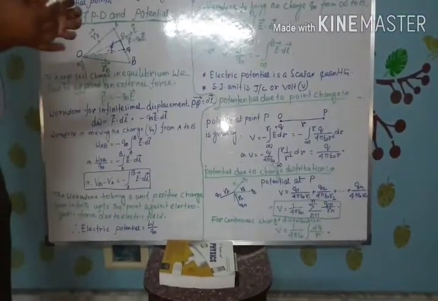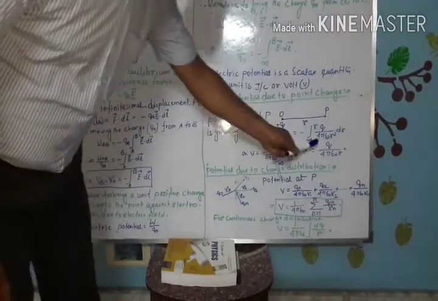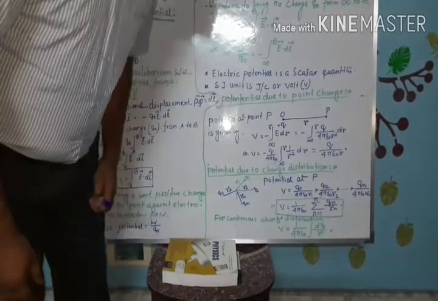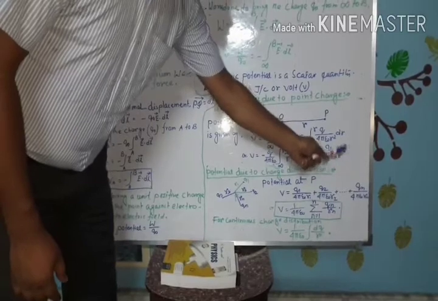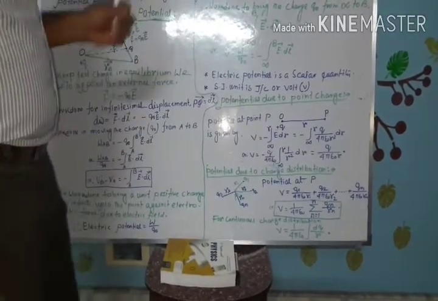Therefore at a distance r from a charge Q, the electric potential is given by Q by 4 pi epsilon naught r. This formula we have to remember.